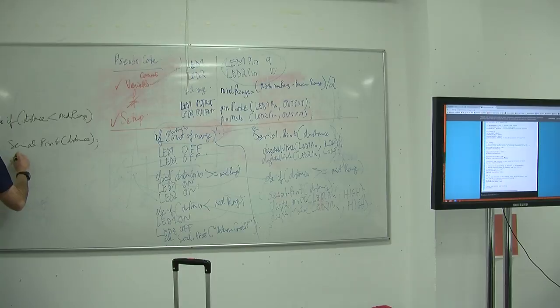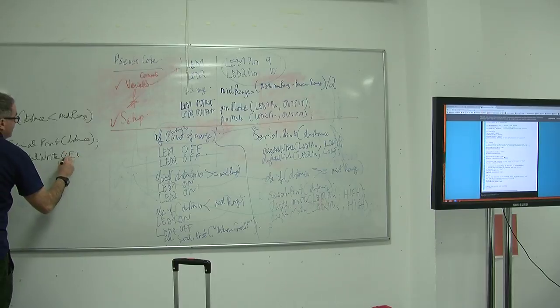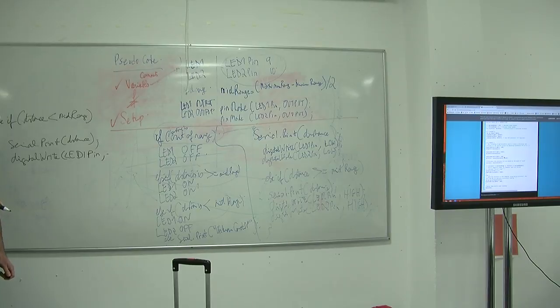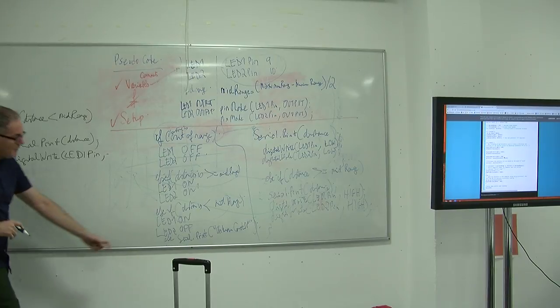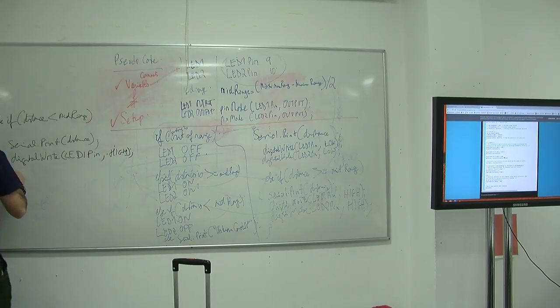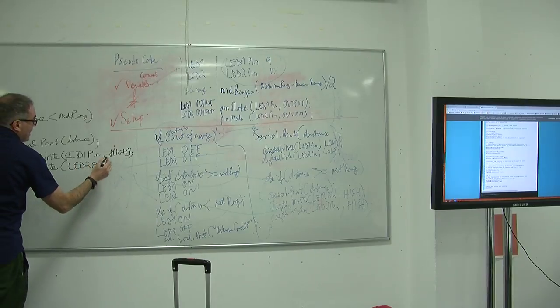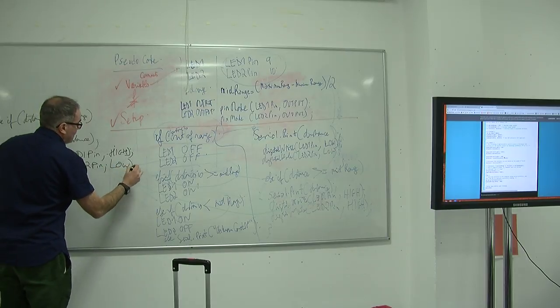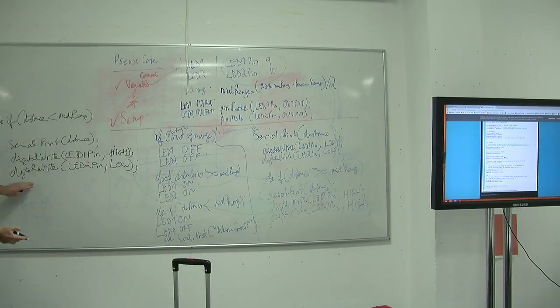Then we have again digital write LED 1 pin, and then is it high or low this time? High. And the next one, the next LED, sorry, I'm getting tired. LED 2 pin, and then this time, is it high or low? Low. And that's it. We've done the code for the third condition.